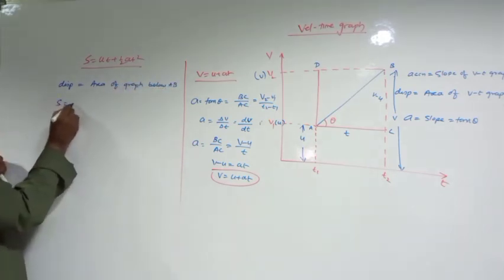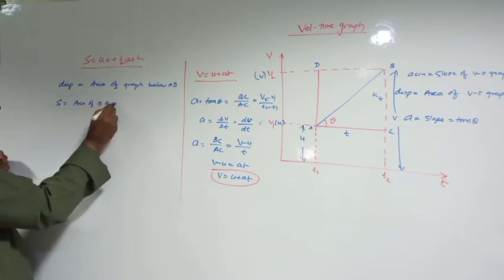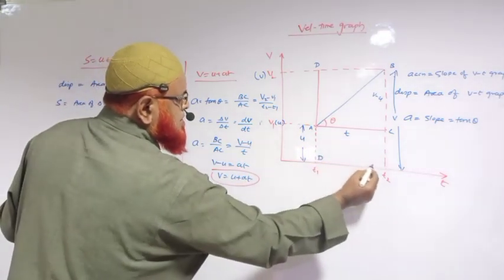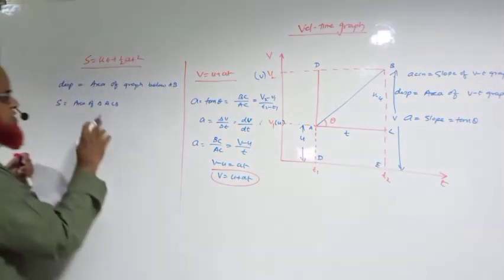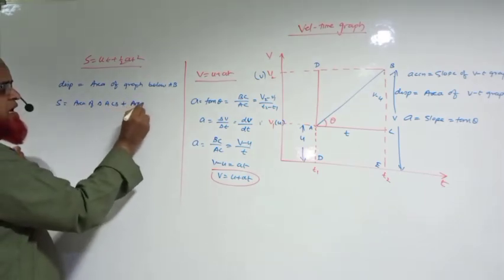That means displacement is area of triangle ACB plus area of rectangle ACD.